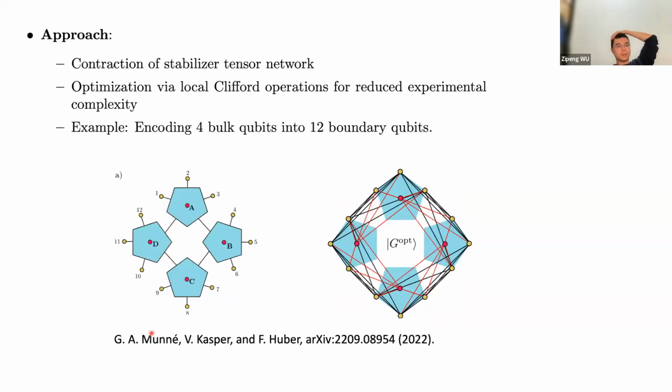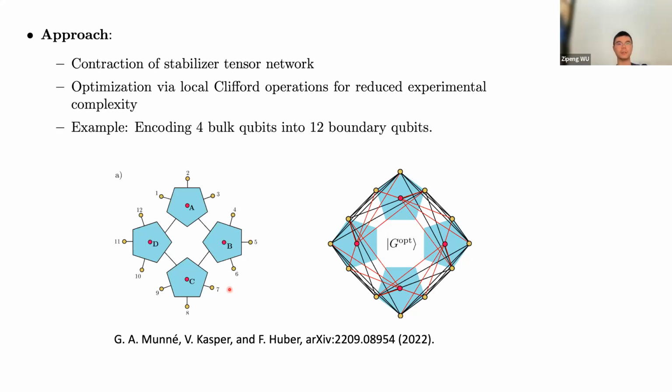So recently, a paper published on arXiv by Monet used the Pentagon encoding to construct the holographic code in a very toy model using only 4 Pentagon encoders. They perform the tensor network contraction between these encoders, resulting in a stabilizer tensor network, and they get the tabular form of the stabilizer state.